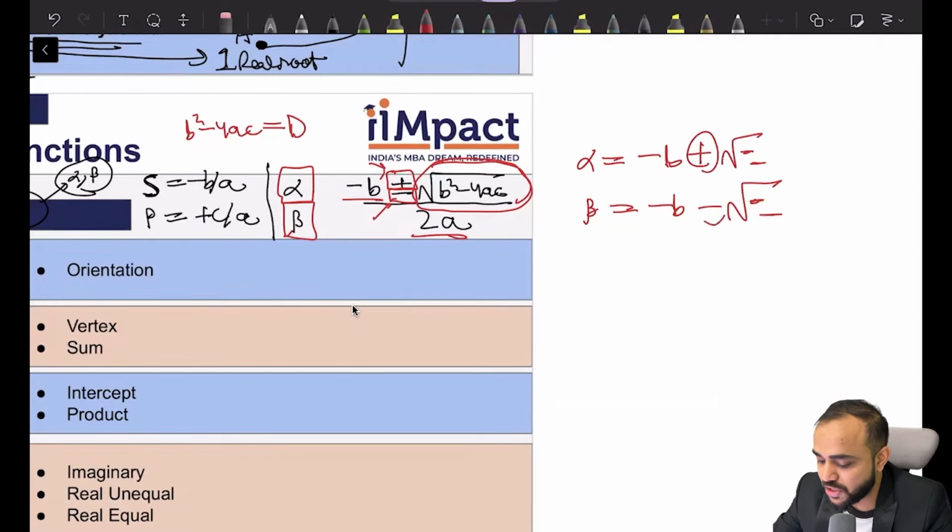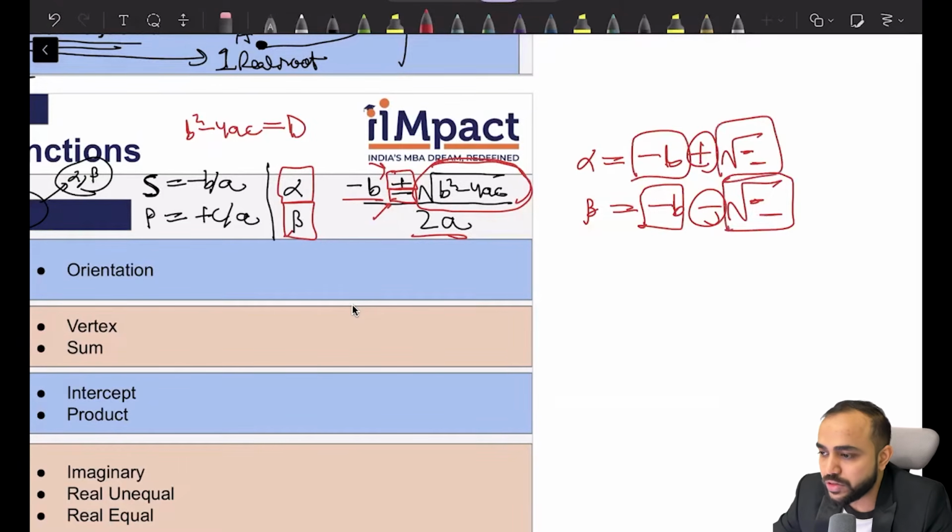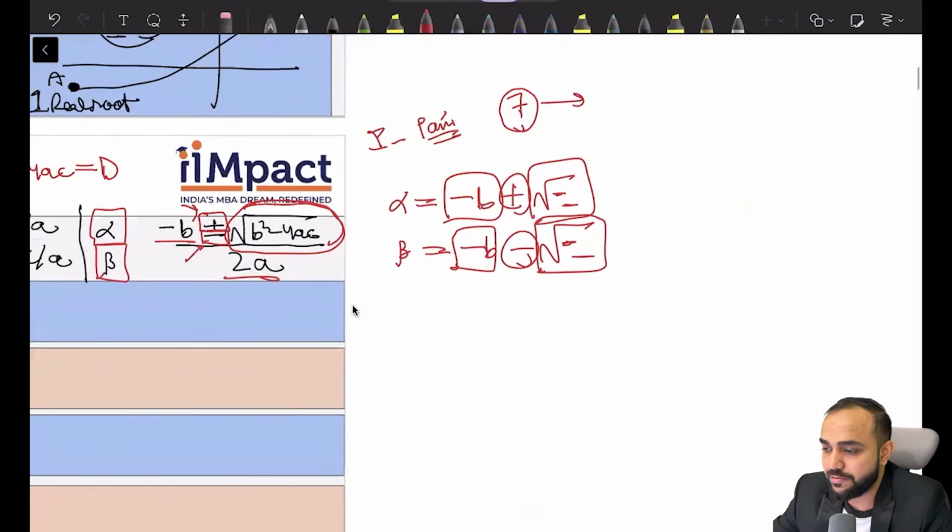Their signs are changed. Apart from that, nothing else changes. The real term and the imaginary terms are the same. It's just that in one of the roots the imaginary gets added to the real, and in the second one the imaginary gets subtracted from the real. So imaginary numbers always exist in pairs, which means that if a polynomial has a degree of 7, then what are the possible numbers of real roots it can have, assuming that none of the roots are repeated?